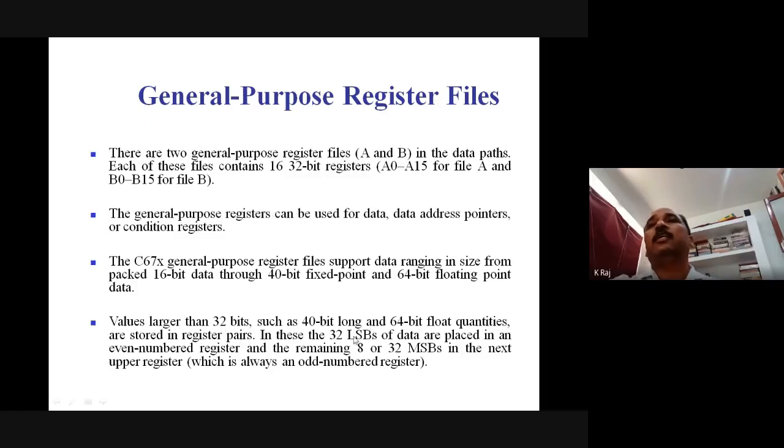In these, the 32 bit LSBs of the data are placed in an even numbered register, and the remaining 8 bits, or the 32 bit MSBs, are placed in the next upper register, which is always an odd numbered register. So the 32 bit LSBs will be stored in the even numbered register, and the remaining bits will be stored in the MSBs, naturally in the odd numbered registers.